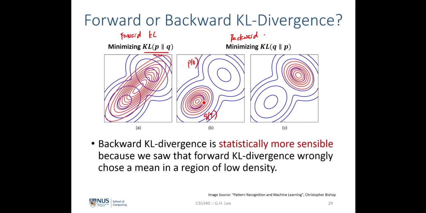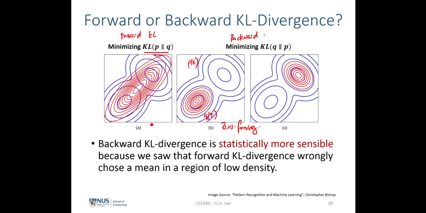We can see that in these two cases, because the backward KL divergence is zero forcing, it is able to approximate the bimodal distribution better, because the peak will be aligned in this particular case, despite that there could be two possible solutions here.